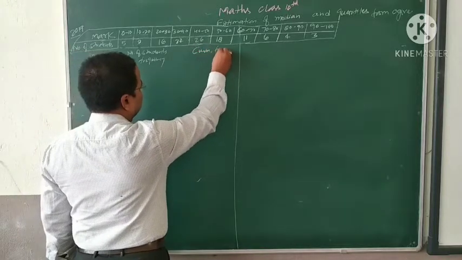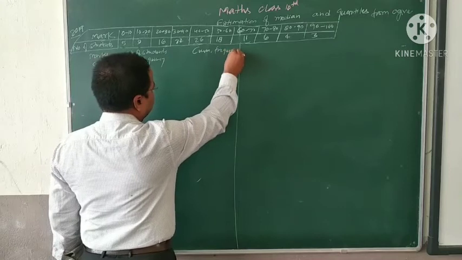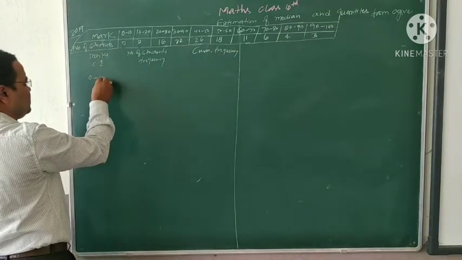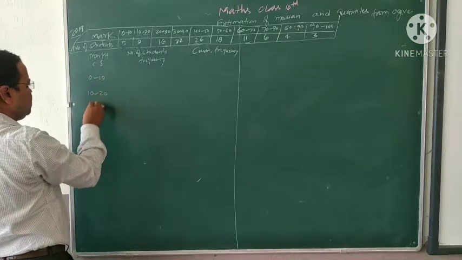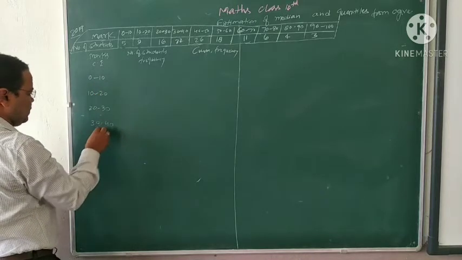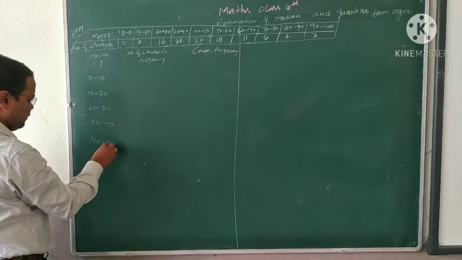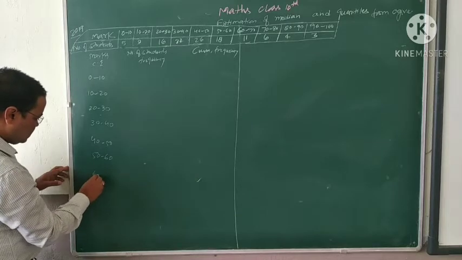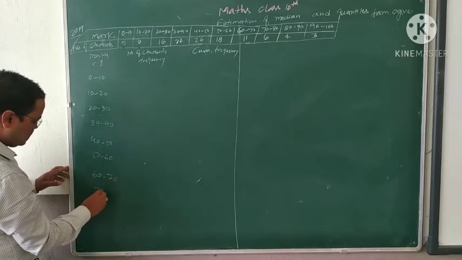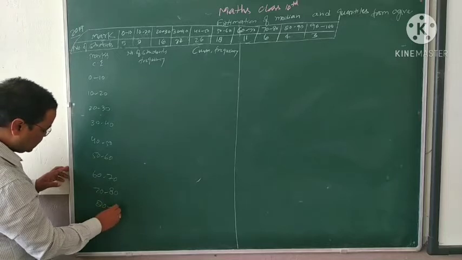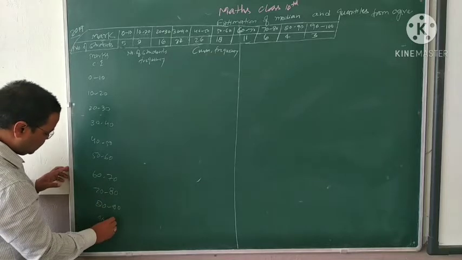The class intervals are 0 to 10, 10 to 20, 20 to 30, 30 to 40, 40 to 50, 50 to 60, 60 to 70, 70 to 80, 80 to 90, and 90 to 100.